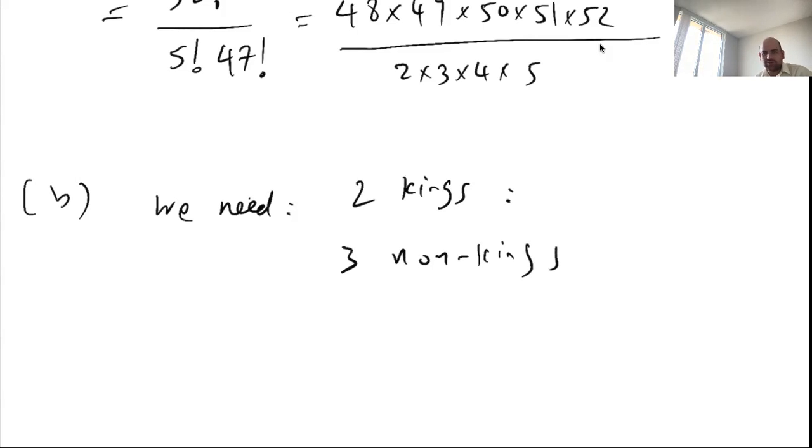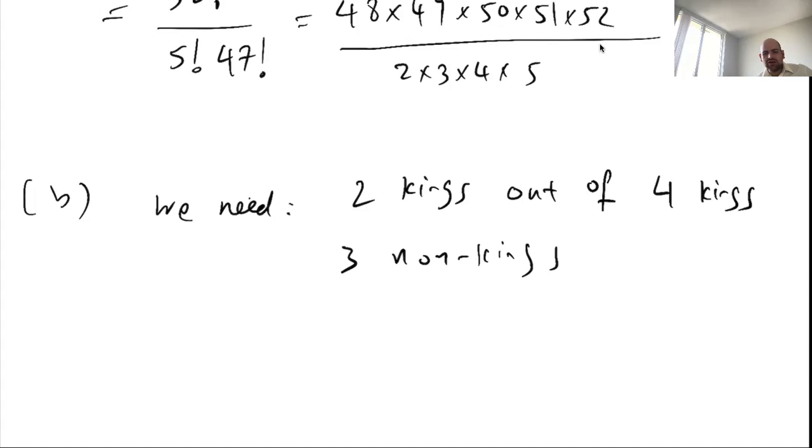For 2 kings, how many options do we have? First we have to know the total number of options. We have 4 kings in total in the standard 52 card deck. So 2 kings out of 4 kings. And 3 non-kings out of how many non-kings do we have?